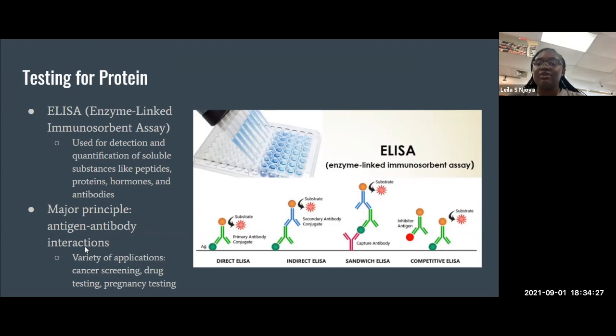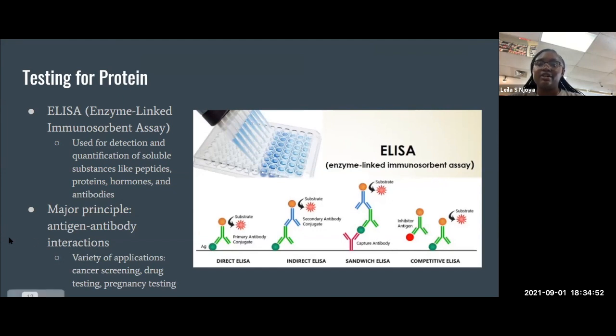Once you load that substrate for the enzyme, you'd get a change in color. The ELISA can detect and quantify the presence of protein because it's very specific and uses antigen-antibody interactions, and then it's colorimetric. So the darker the color, the more protein.